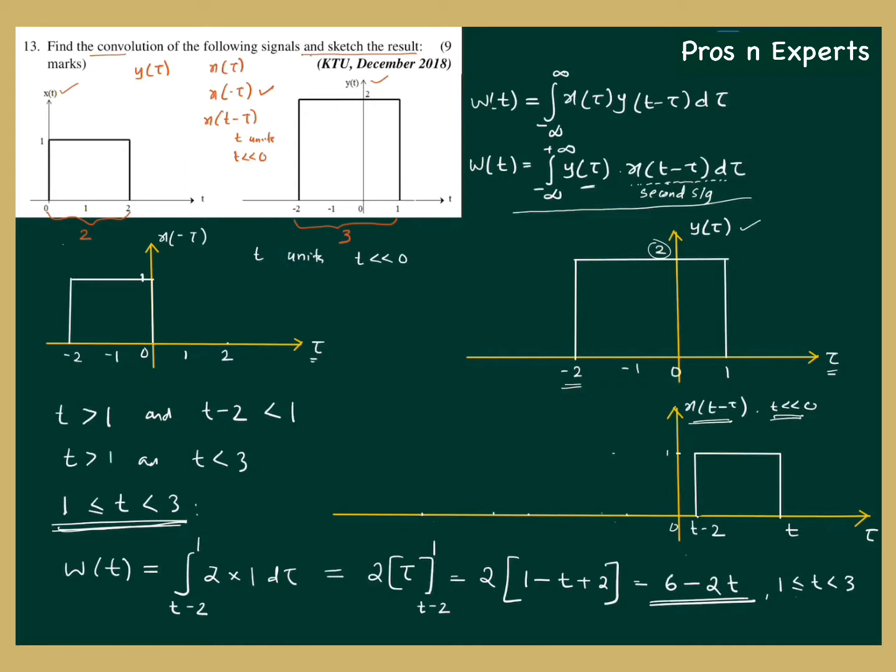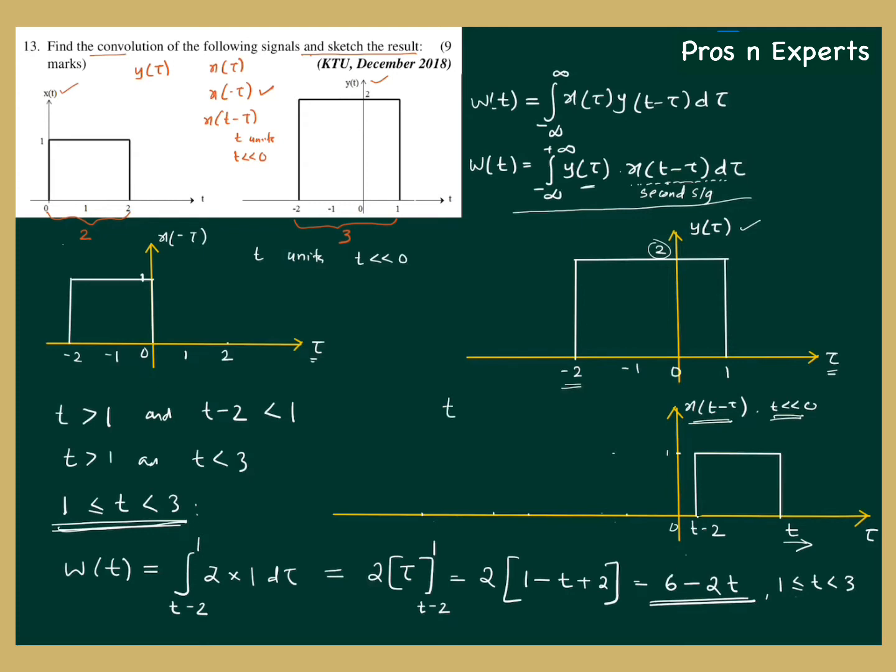Now, what is the next case of getting the output? As we further increase t slightly, what happens? The leading edge is already out of y of tau, right? Now the trailing edge also comes out of y of tau. The leading edge is already greater than 1, t greater than 1.